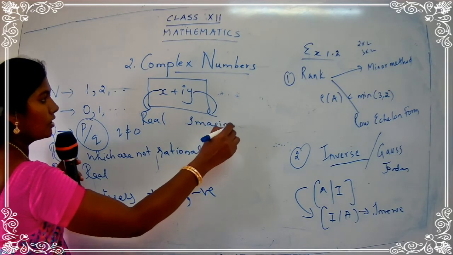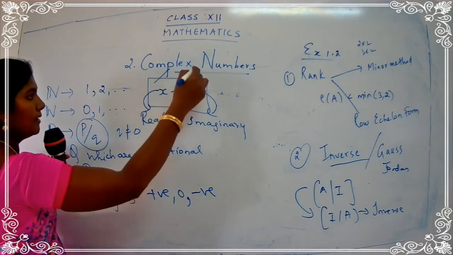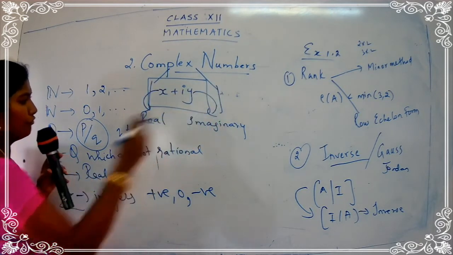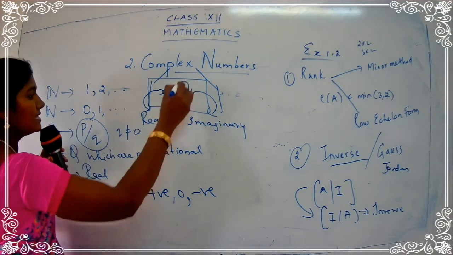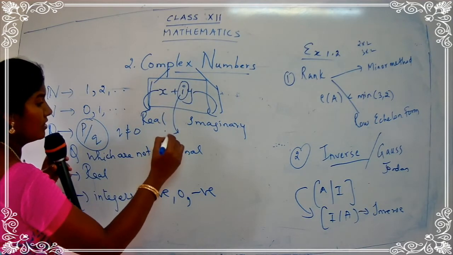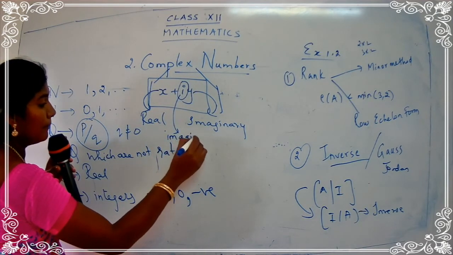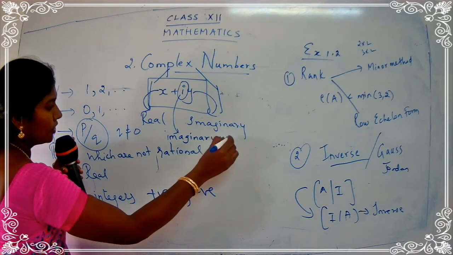So a complex number is a combination of real numbers and imaginary numbers. And the number i we call the imaginary unit.